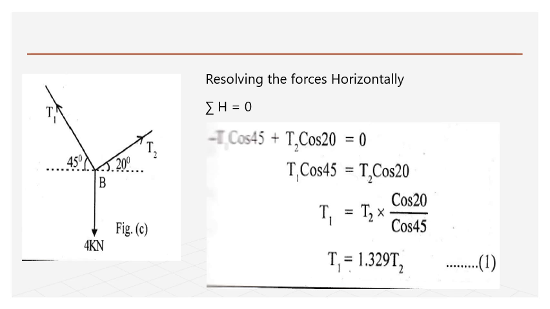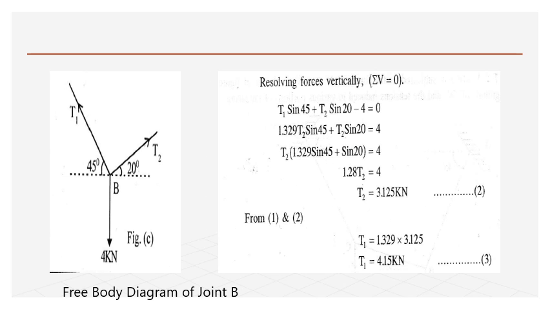Let's now apply sigma V is equal to 0. So T1 sin 45 acting upwards plus T2 sin 20, that is also acting upwards, plus the weight 4 kilonewton, that is acting downwards, so minus 4.